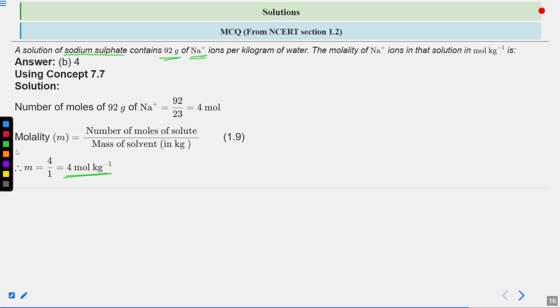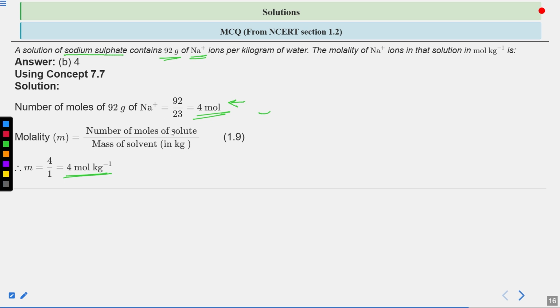So we identify that in that particular amount of sodium positive ion given, what will be the number of moles, and then what will be the molality. Molality will be simply the number of moles divided by the mass of solvent. This much amount of moles is present in 92 grams of sodium positive ion, which is the given mass per kilogram of water.